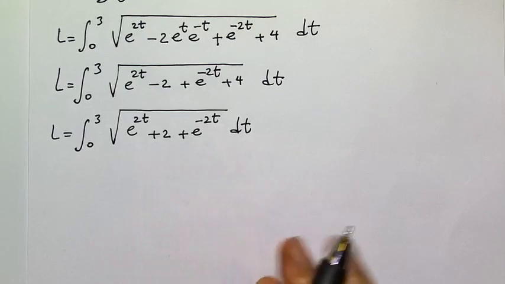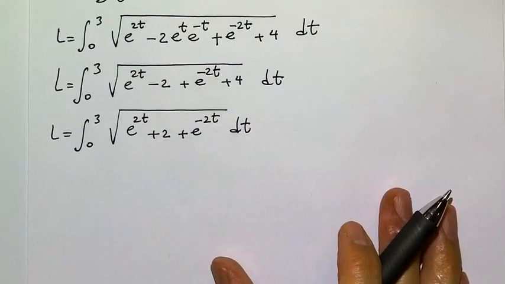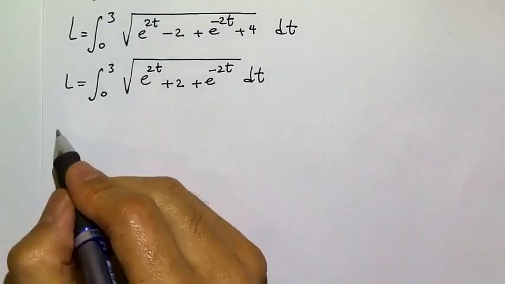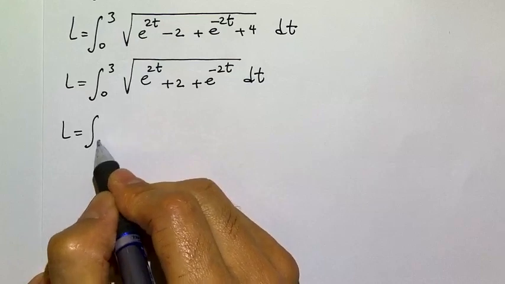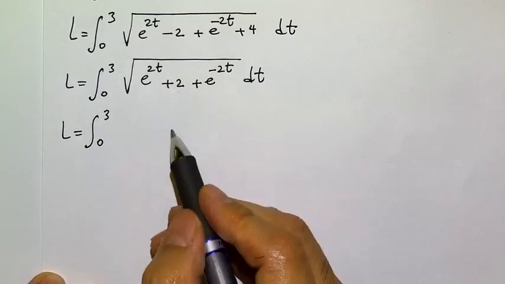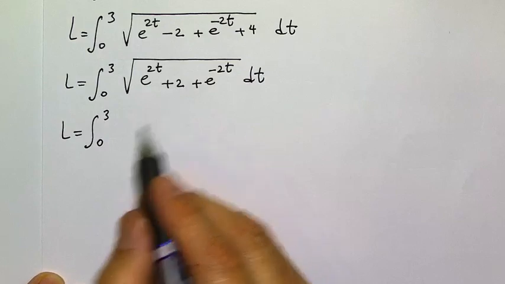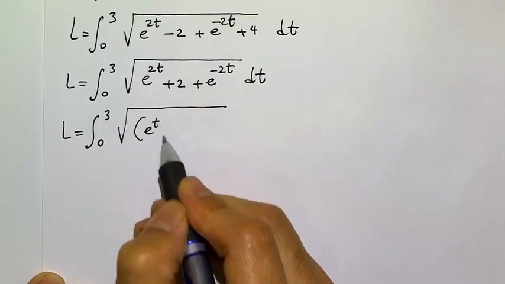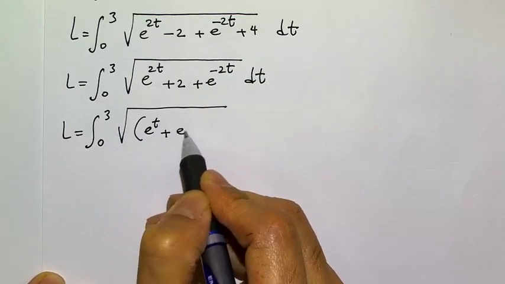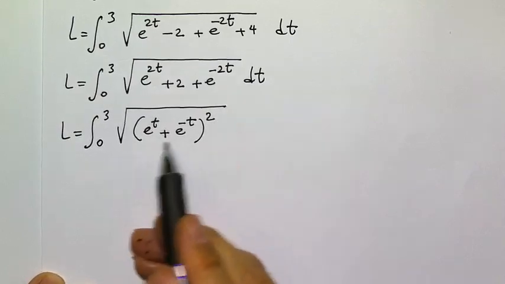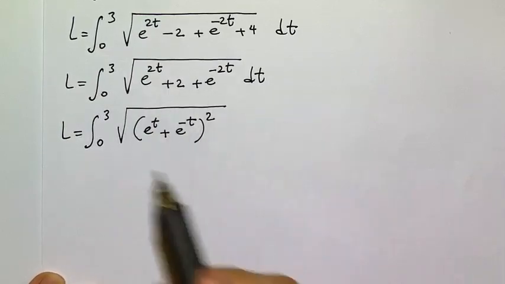Now, these three, we can combine them into a binomial squared. So let's do that. They can be written in terms of a perfect square. So we have the square root of e to the t power plus e to the minus t power, and then squared, right? If you expand this, you will get this.